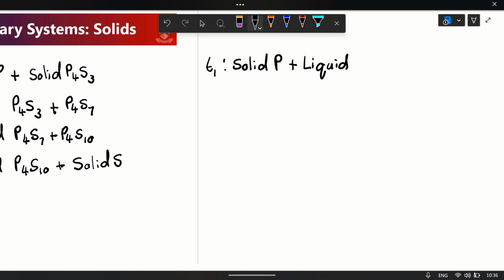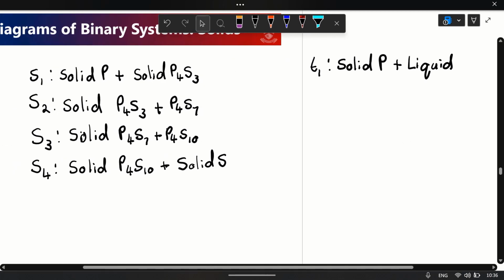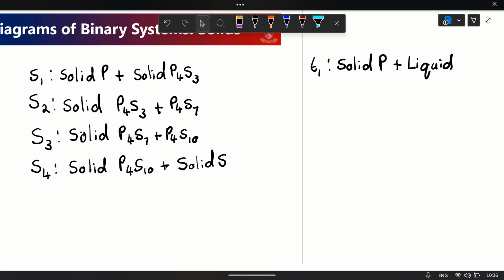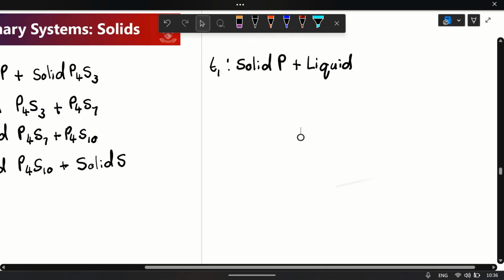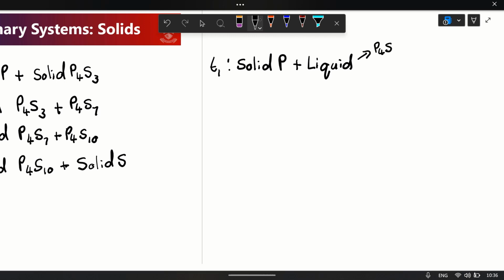And that liquid might be liquid P4S3, it could be liquid phosphorus, it could be liquid sulfur, some combination. So you don't have to be too specific with what you say. So it could be, in other words, P4S3 plus P plus S liquid. Okay.